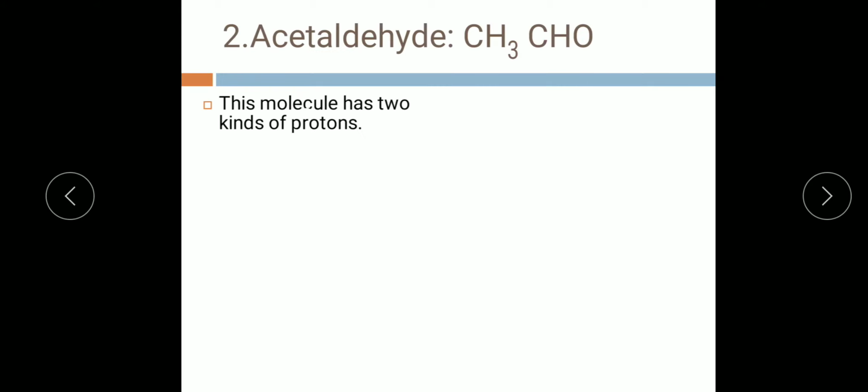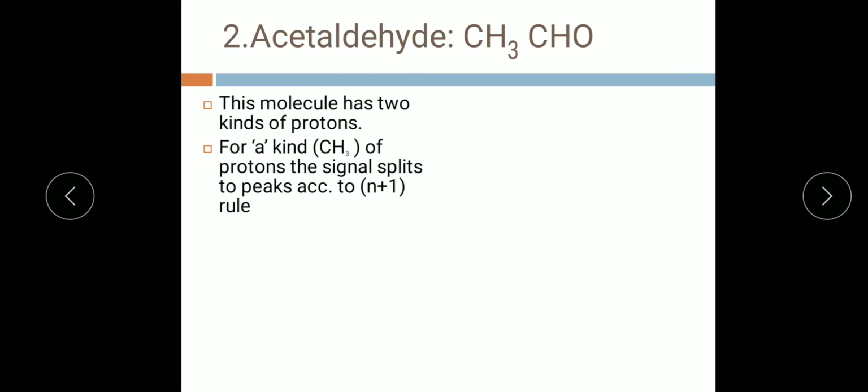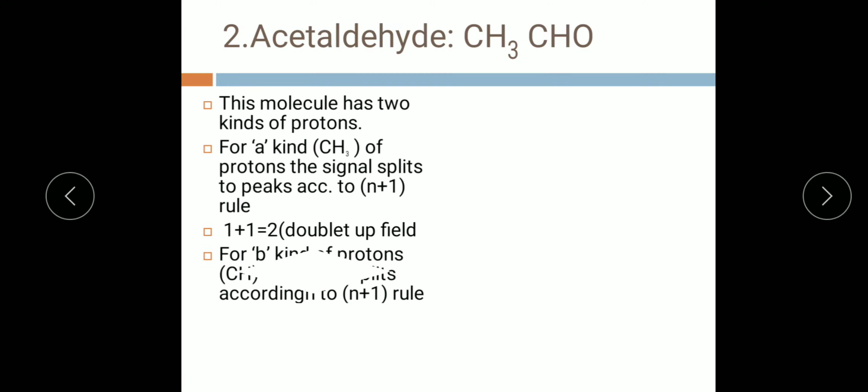And if you go for the spectrum of acetaldehyde, here in acetaldehyde this molecule also has two kinds of protons, and for A kind of proton, that is CH3, the signal will split according to the n plus 1 rule. So n plus 1 rule, adjacent you have 1 proton, 1 plus 1 you will get a 2, that is a doublet at upfield.